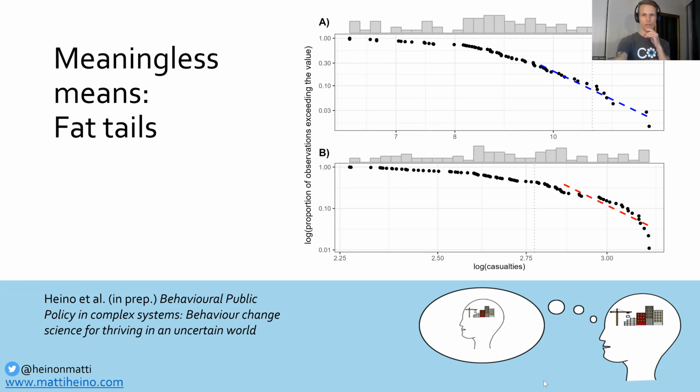So each of these points is still 1 year. And so this is the year with the least traffic deaths, and this is the year with the second least traffic deaths. So you take their rank.